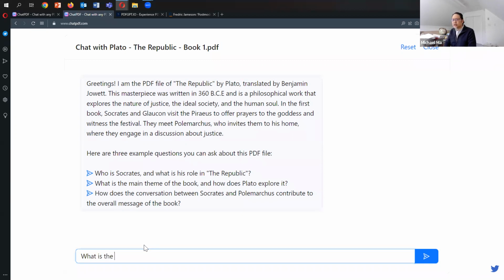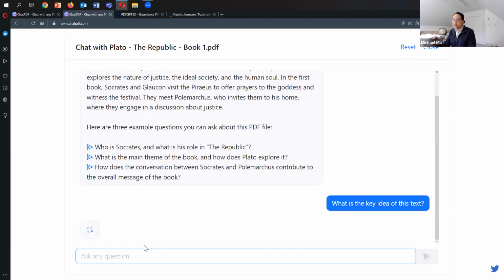What is the key idea of this text? I'll just say that. And then it's thinking.